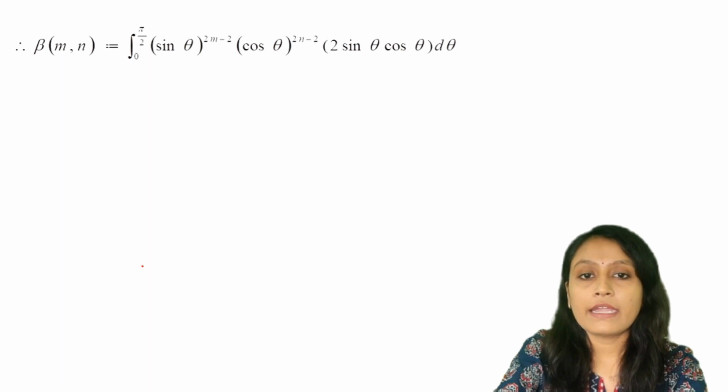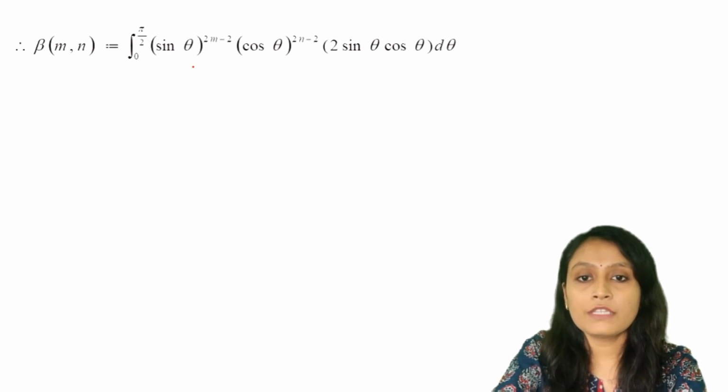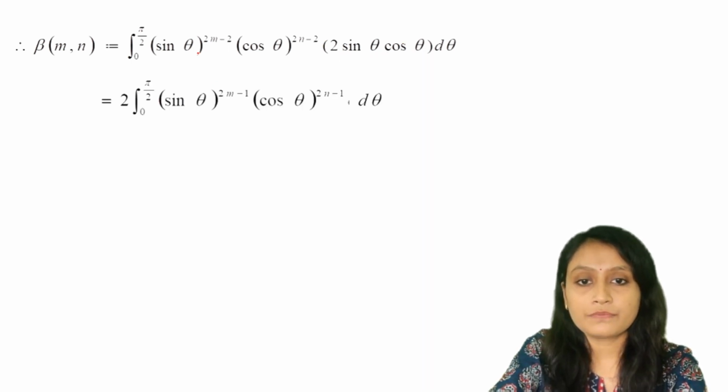So we will write this integration in the form of theta, so you will get integration 0 to pi by 2 sine theta raised to 2m minus 2 and cos theta raised to 2n minus 2 into 2 sine theta cos theta d theta. Now we have to just simplify this, so bring this 2 outside. On simplification you will get sine theta raised to 2m minus 1 and cos theta raised to 2n minus 1 d theta.